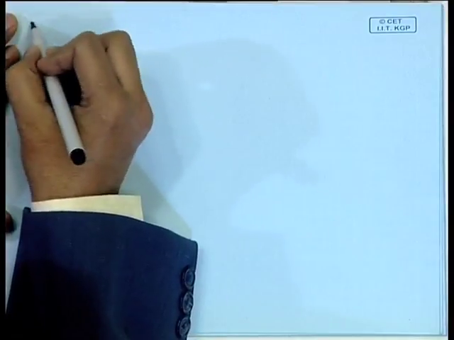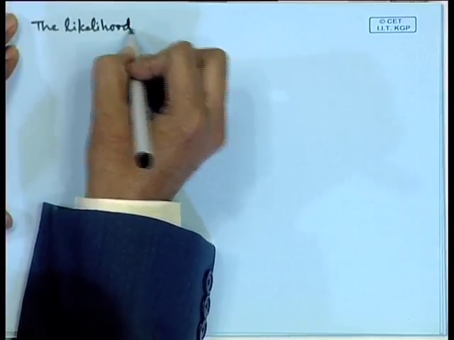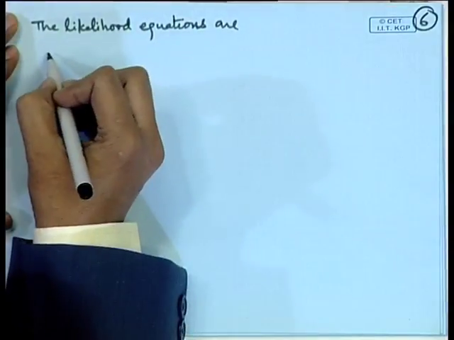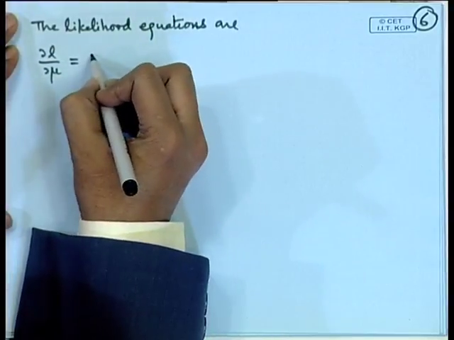So, the likelihood equations in this case will be del L by del mu equal to 0.